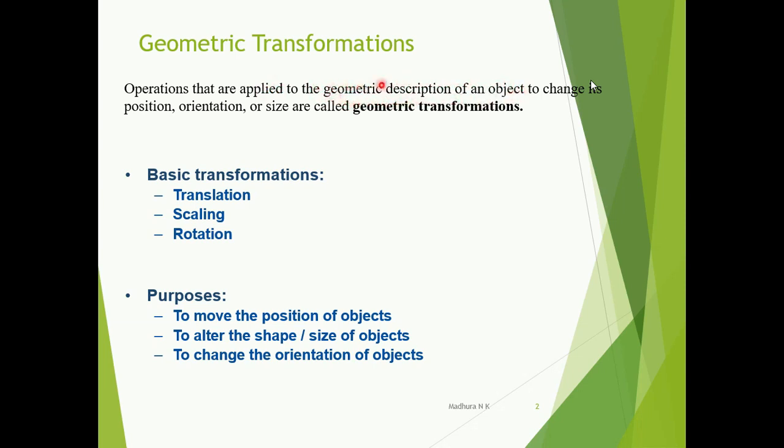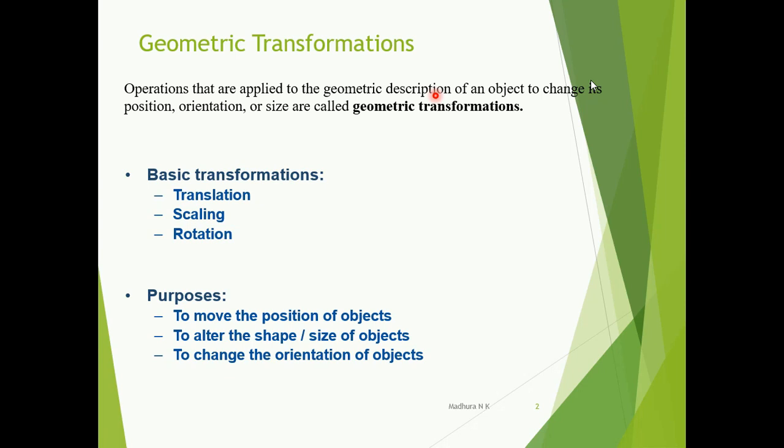So what is this geometric description of an object? The object can be anything. It can be a point or a polygon or a line or any cube. Anything it may be, but we are going to apply certain operations on the geometric description of the object. So what is this geometric description?